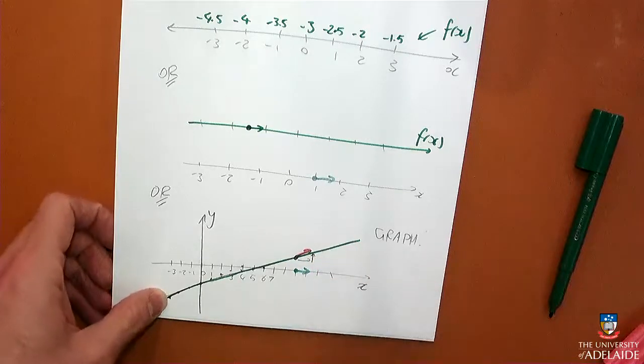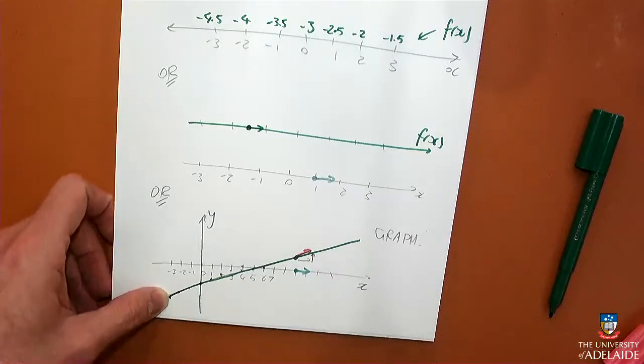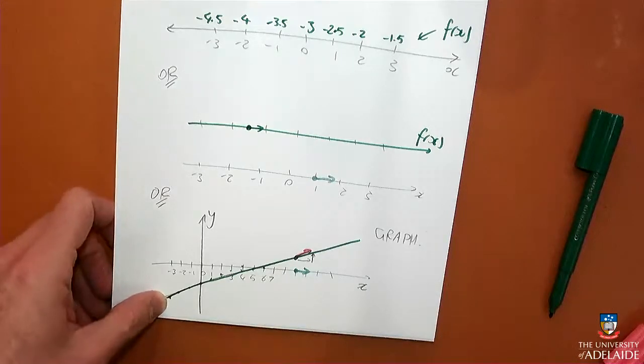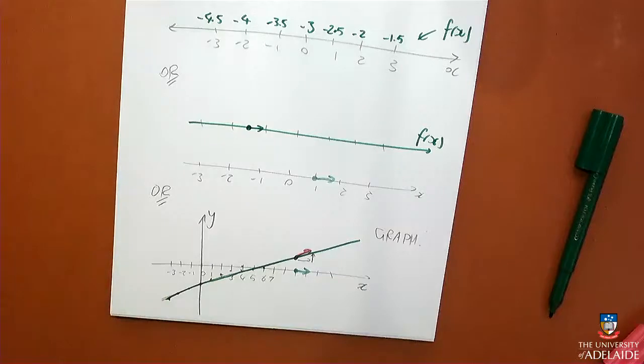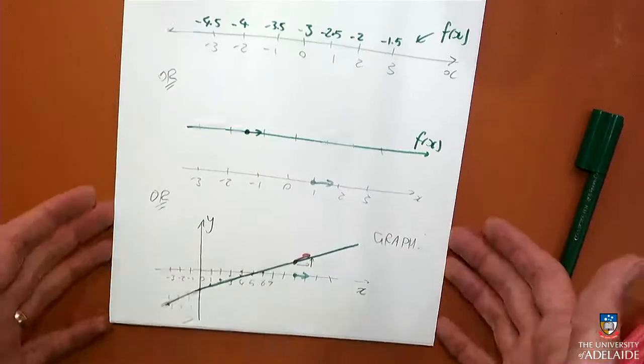Now, if I move it 2, then the y will go up or down twice as much as well. And so normally to calculate a slope, we figure out how far the y moves and we divide it by how far the x moves. And that's called a rate of change as well, because these graphs might be describing something.